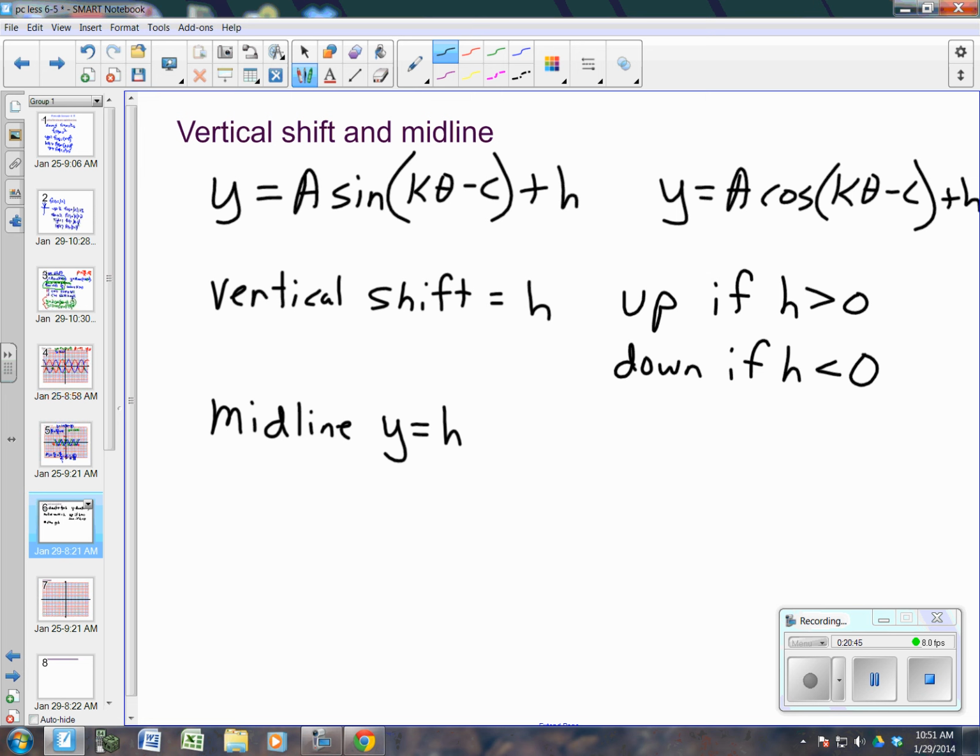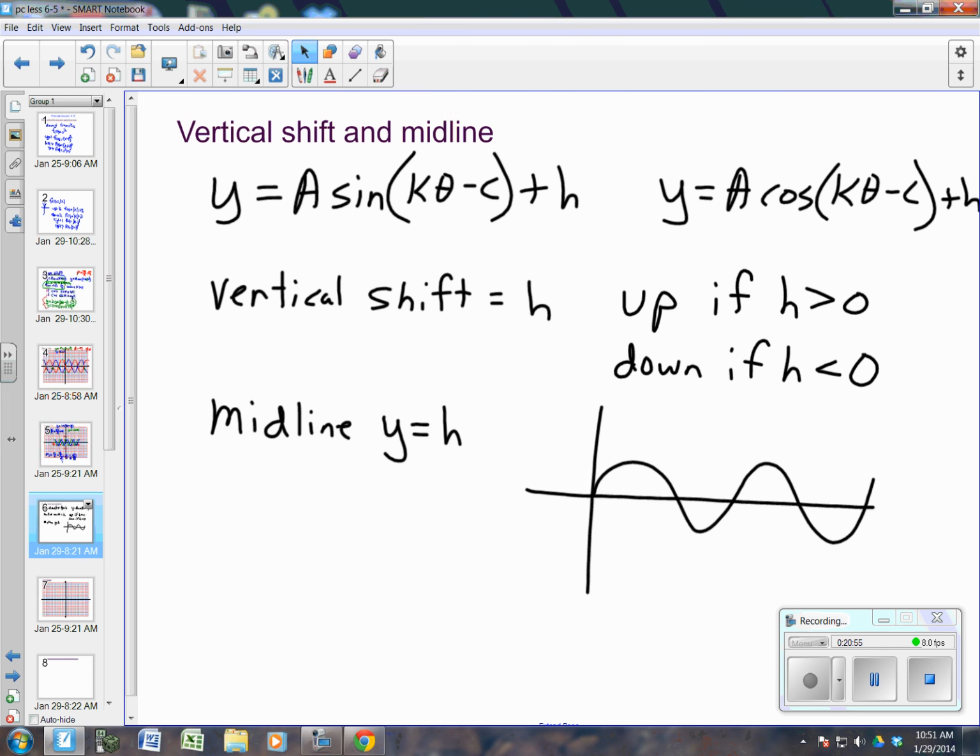For example, let's say I have a graph that's going like this, that's 1, that's -1, so the amplitude's 1. And I shift it down 2 units, my new equilibrium line, my new midline is what we call it. Instead of being the x-axis, it's going to be down 2 units.